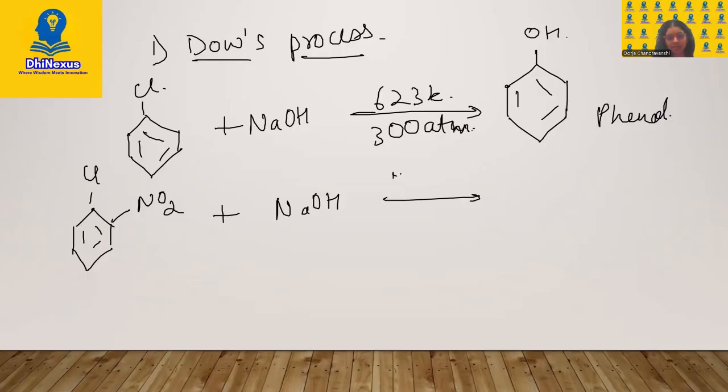For example, this can be done at 443 Kelvin, so it becomes doable at 443 Kelvin with some dilute acid. Here also we take some dilute acid.